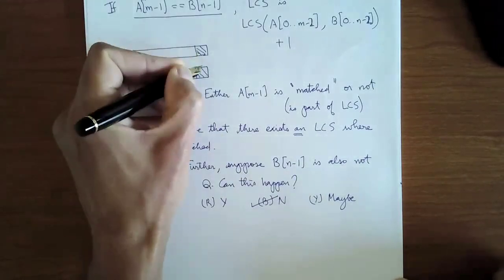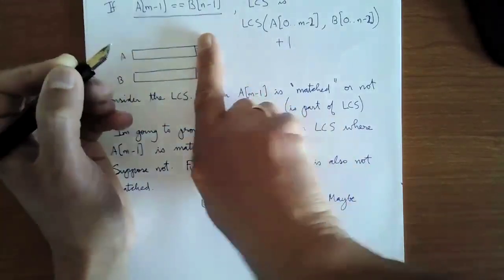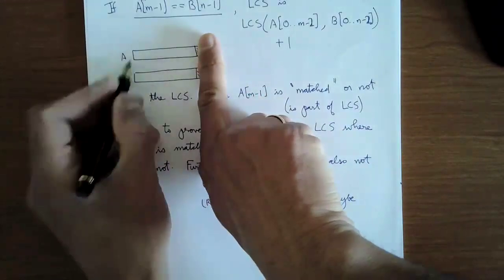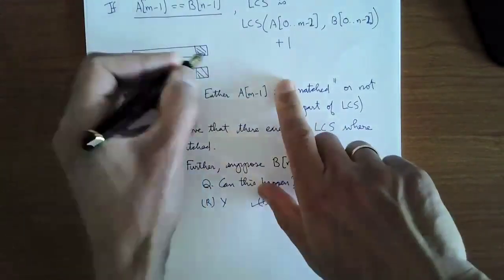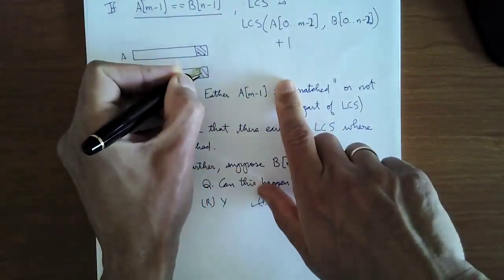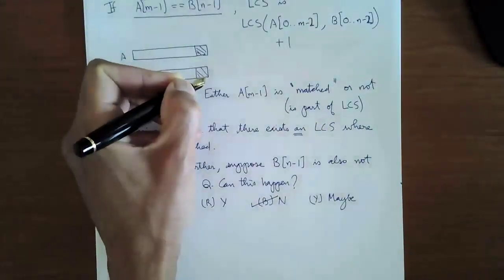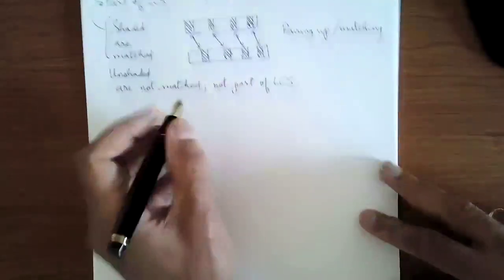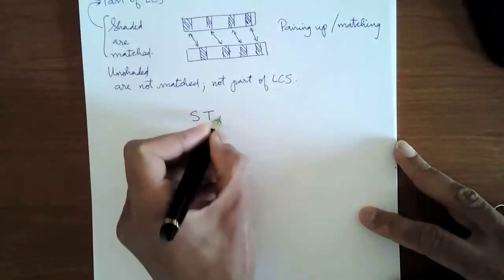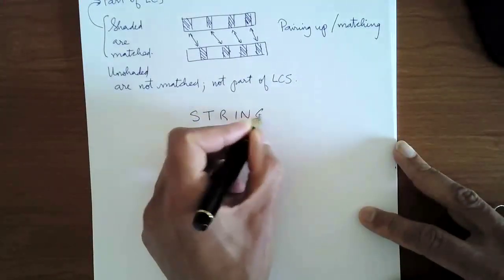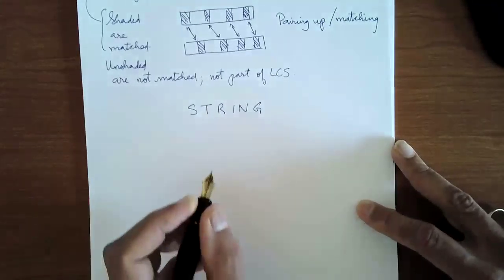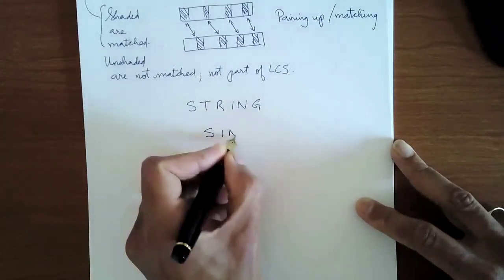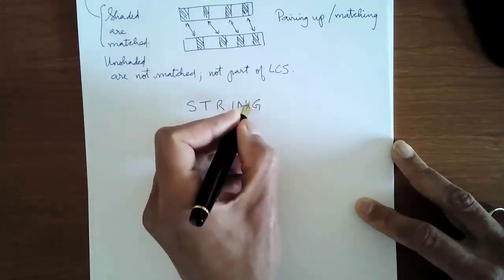So the idea is, suppose the longest common subsequence did not use these. Look at the longest common subsequence of what's left and just pair these up together, and you'll only make it longer. To go back to an example, suppose I took a string and I took sing.